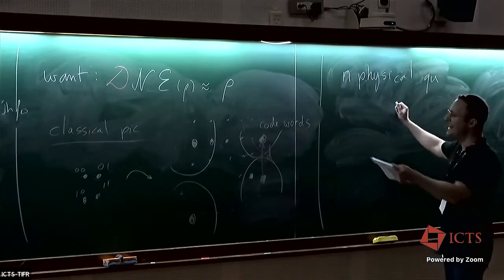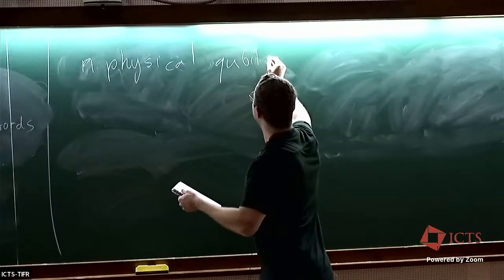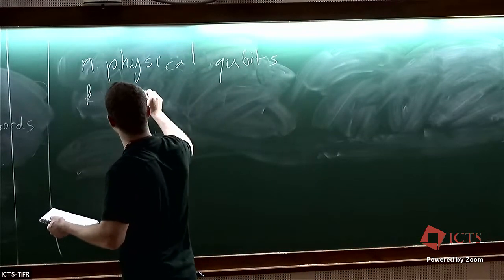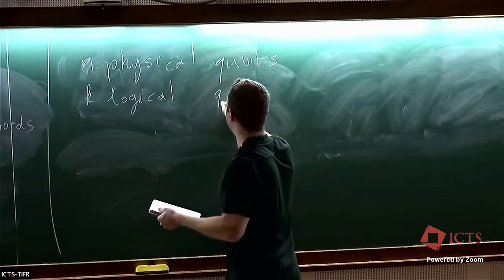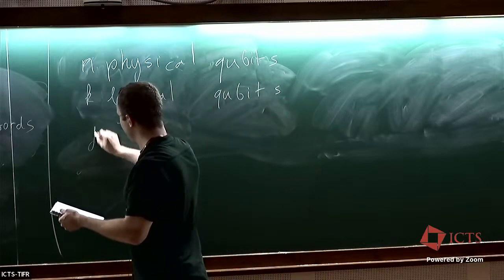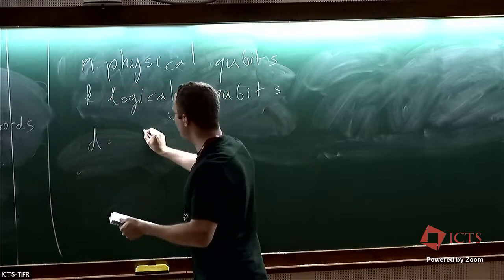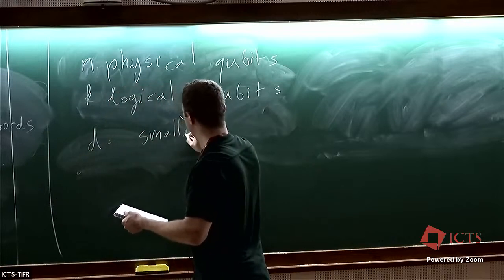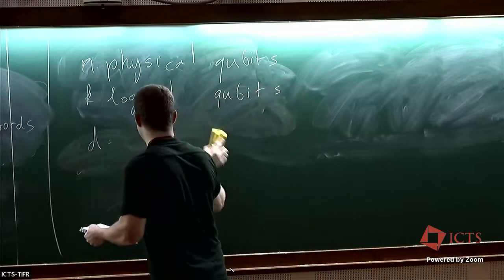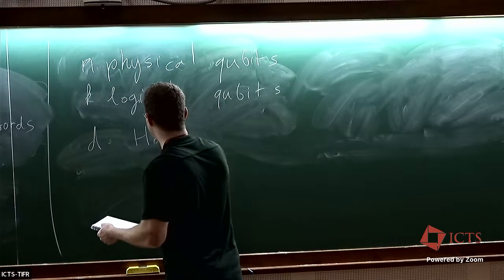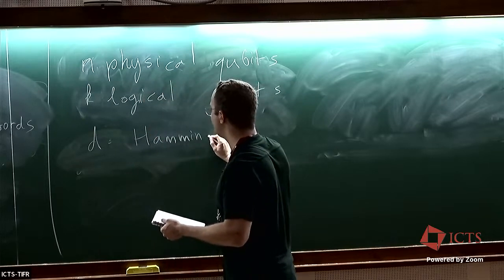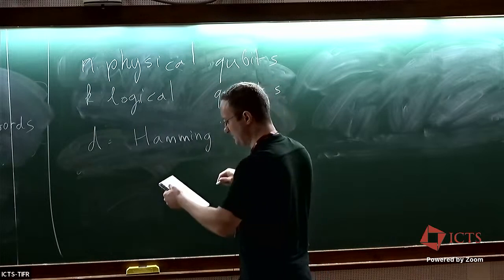So we say we have n physical qubits. And we say we have k logical qubits. Or in the classical case, bits, of course. And d is the smallest operation. Excuse me, it's a Hamming weight. Hamming weight is the number of elements that are not 0. I'll explain soon.